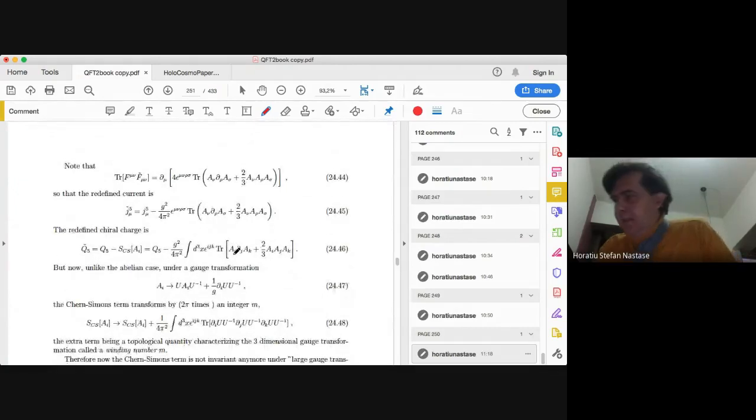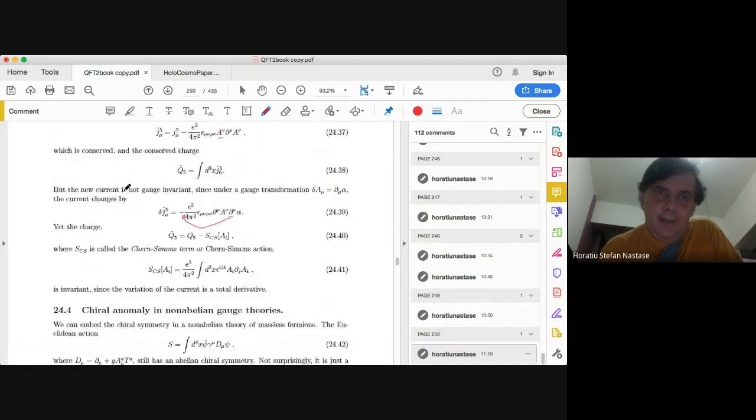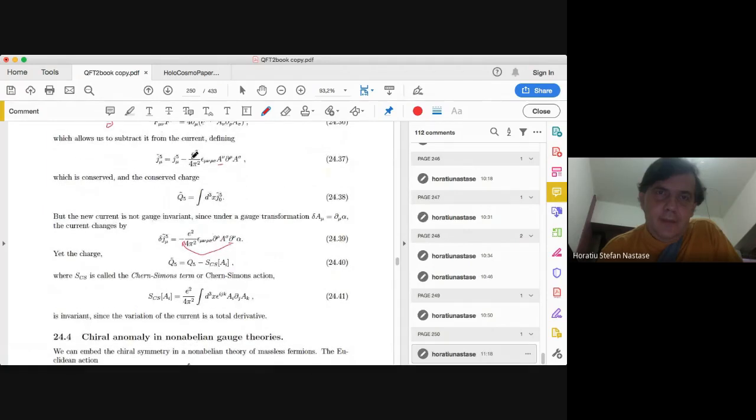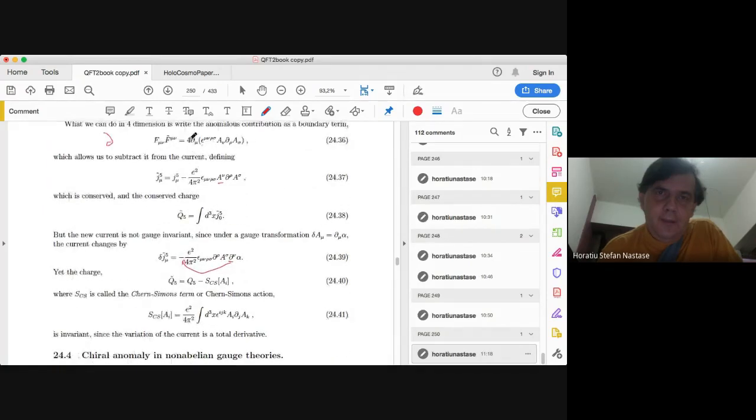Singlet in the sense that it's the trace of this F_μν F̃^μν. Now we can note that this trace of F_μν F̃^μν can be rewritten as ε^{μνρσ}, a total derivative, like in the abelian case. In the abelian case, I wrote it like this. Now I also have a term proportional to A cubed.